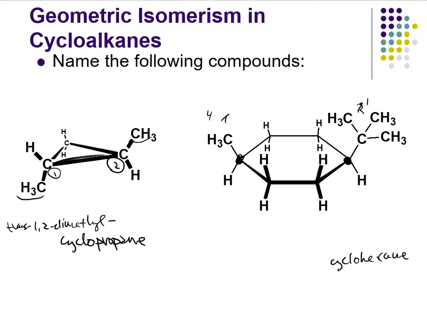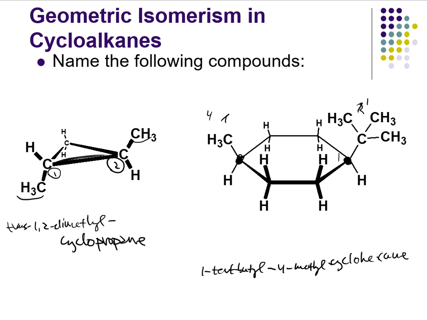If you don't do that, I still probably will give you credit for it. I won't take off for that. Blackboard might, but I won't. All right, so on position number 1, I have a tert-butyl group. So 1-tert-butyl. And then carbon number 4, I have a methyl group.